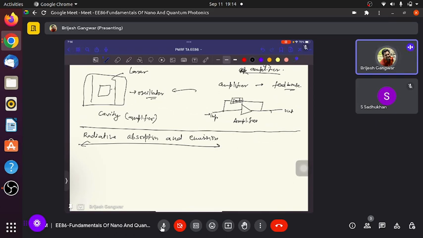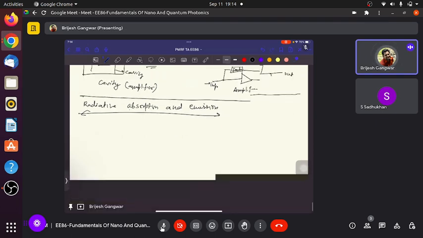This is the cavity, a fabricated cavity, or you can take any type of cavity. And the other thing is the laser gain material. So what is the gain material? Whatever material we put in, there are some phenomena that happen, which are explained by the Einstein coefficients, and these phenomena are absorption and emission.